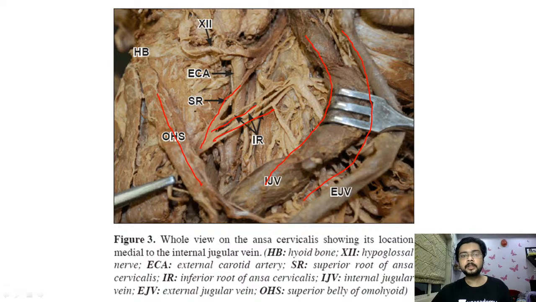This is the superior root of ansa cervicalis. This is the inferior root. This is our external carotid artery, and somewhere here will be the thyroid gland. So again you see it is present near the thyroid gland in relation to the bed. If you retract the internal jugular vein, this ansa cervicalis is present medial to it. So there is always a risk of injuring it while doing thyroid surgery and while doing neck dissection.